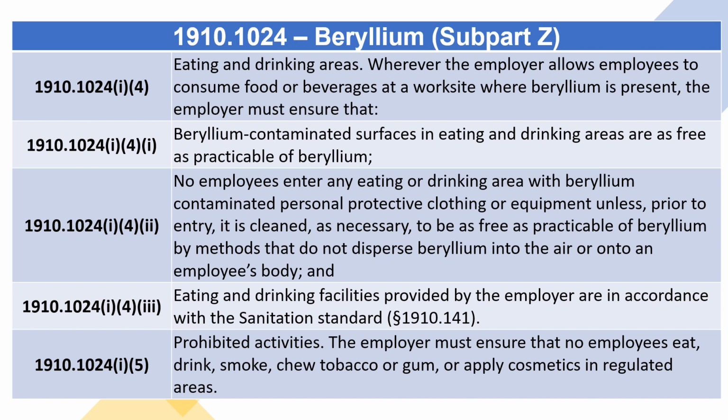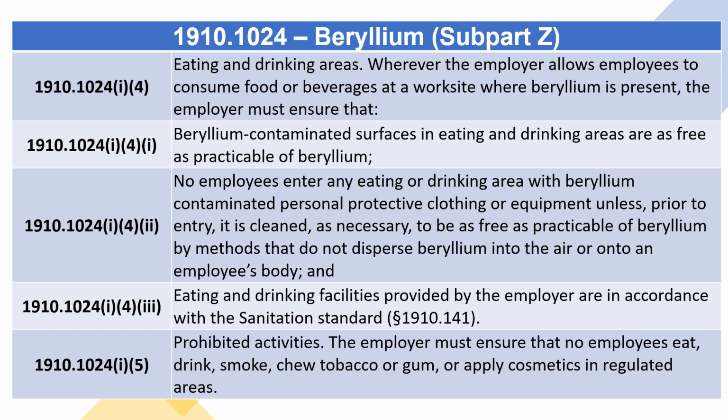No employees enter any eating or drinking area with beryllium-contaminated personal protective clothing or equipment unless, prior to entry, it is cleaned, as necessary, to be as free as practicable of beryllium by methods that do not disperse beryllium into the air or onto an employee's body, and eating and drinking facilities provided by the employer are in accordance with the sanitation standard, section 1910.141.